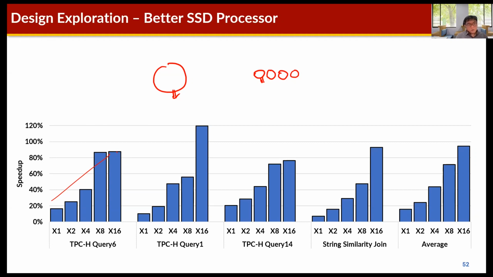We can invest in more cores for the Intel Xeon server CPUs, but the price of the Intel Xeon CPU is more expensive if the CPU includes more cores. So server CPUs are very expensive, but embedded processors are very cheap. So if we increase the performance of the embedded processor by increasing the number of cores of the SSD processor, then we can benefit from near data processing more effectively. Okay.